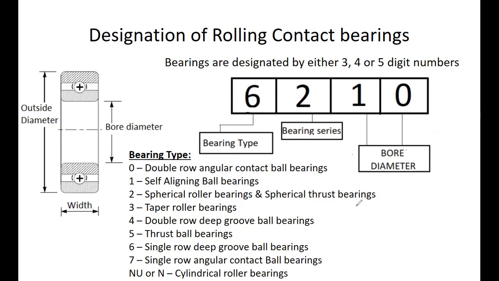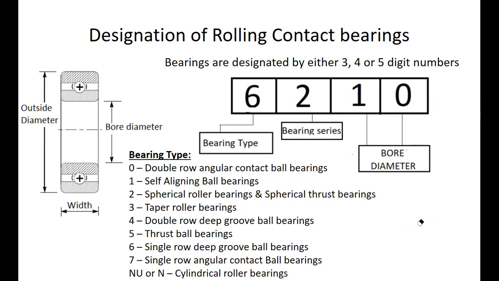See, bearing series means how much load carrying capacity that bearing has, right? Whether it is able to carry heavy load, medium load, or light load. So on basis of that, we have 4 series.